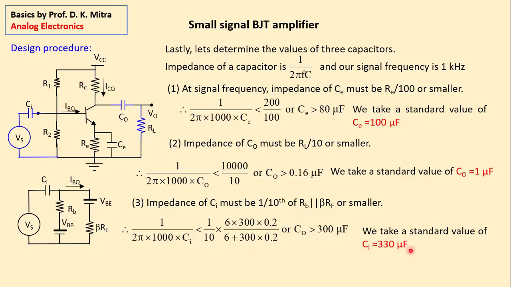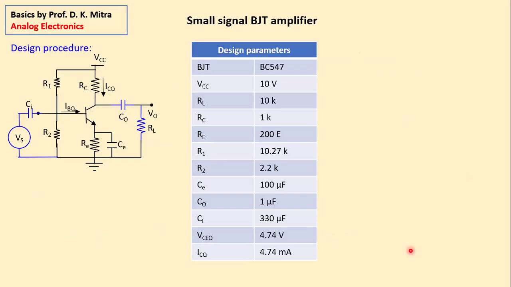So we have decided all the values of this amplifier. The list of this amplifier: BJT 547, VCC 10 volt, load resistance 10K, RC, this resistance is 1K, RE, this resistance is 200 ohm.